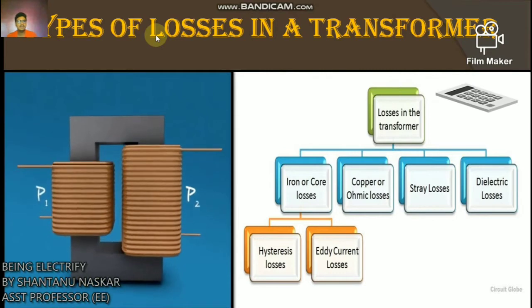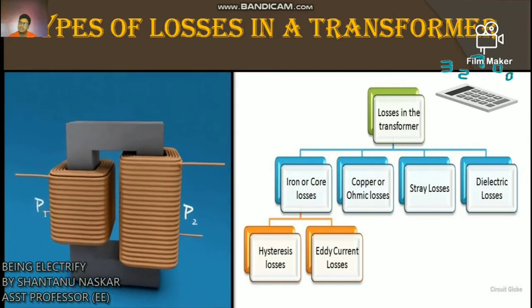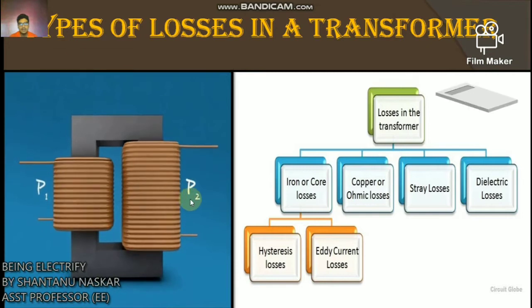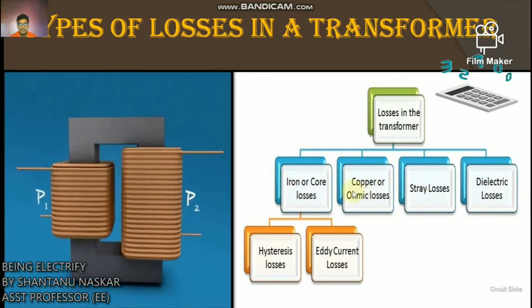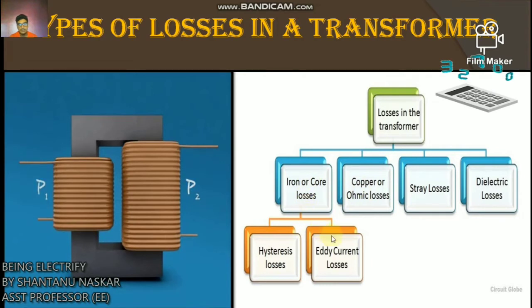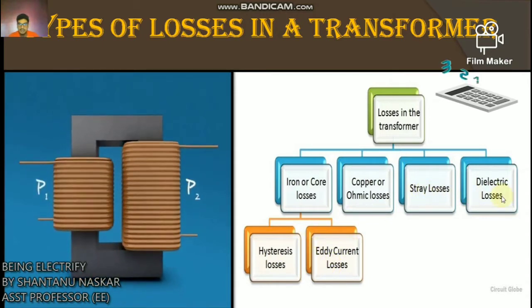There are different types of losses in a transformer. The various types of losses in the transformer are iron loss, which is also called core loss, and copper loss, which is also called ohmic loss. Iron loss has two types, hysteresis loss and eddy current loss, and there are also stray losses and dielectric losses.